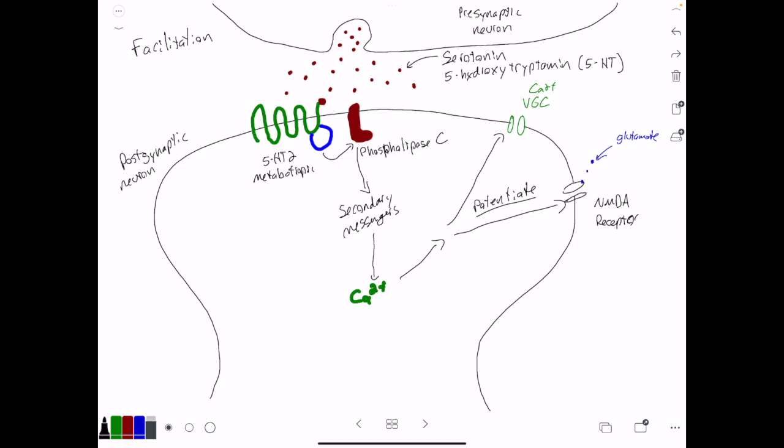And what that simply means, you can think of it as, it makes it stronger. And so what it does is similar to what we saw before in neuroexcitability and how it affected the voltage-gated ion channels associated with generating action potentials.